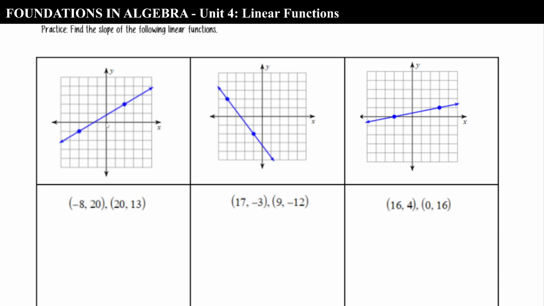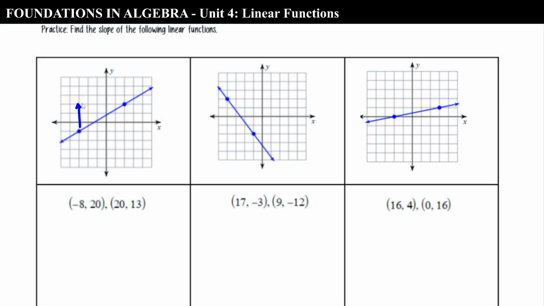So if you wanted to, you could do one set of points being -3, -1, and the other set of points being 2, 2, and put that into the slope formula and find it. But typically on a graph, your easiest way of doing it is going to be by counting your rise over run.